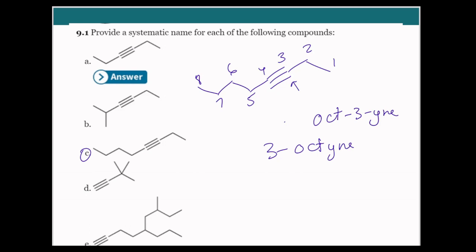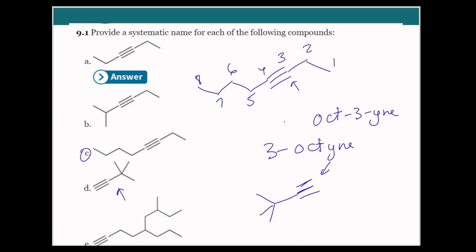Okay, so let's go ahead and do D. So D. Okay, so let's rewrite D. Let's turn it around. I'd rather have it this way. Now what is over here?